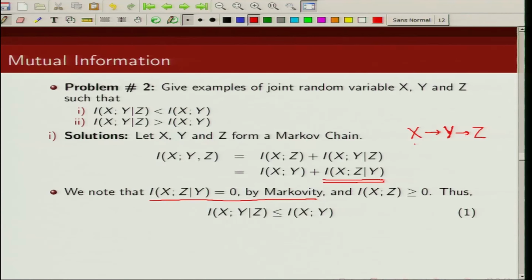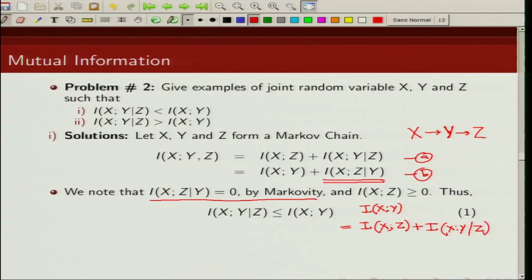Let us call these a and b. So we equate a and b, and what we get is that the mutual information between x and y is equal to the mutual information between x and z plus the mutual information between x and y given z.